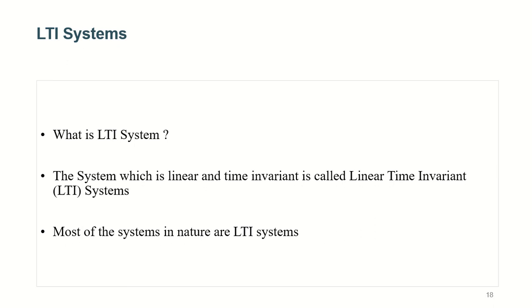And for time invariance, there is an operation which says if the values of x of t and x of t minus k give correspondingly shifted outputs, then my system is considered time invariant.